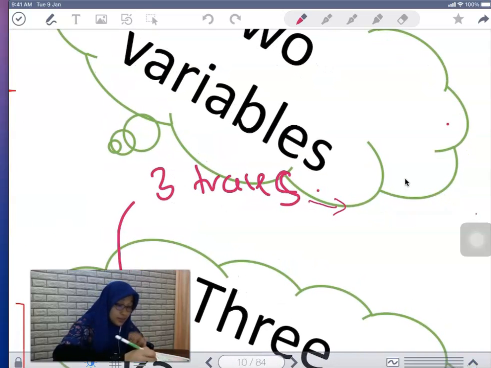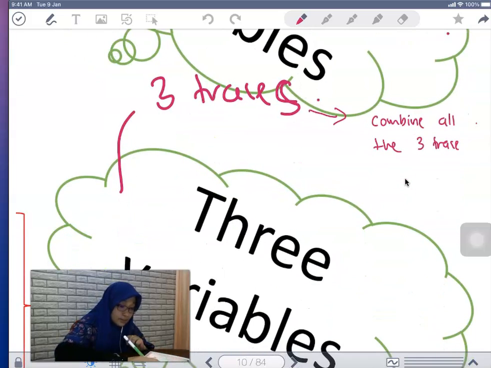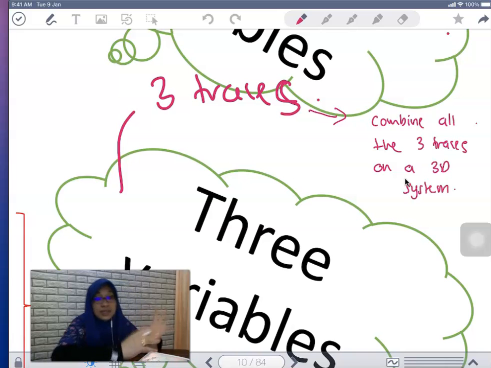With 3 traces, you don't have the projection or the projection line, but you have to combine all the 3 traces on a similar 3D system.